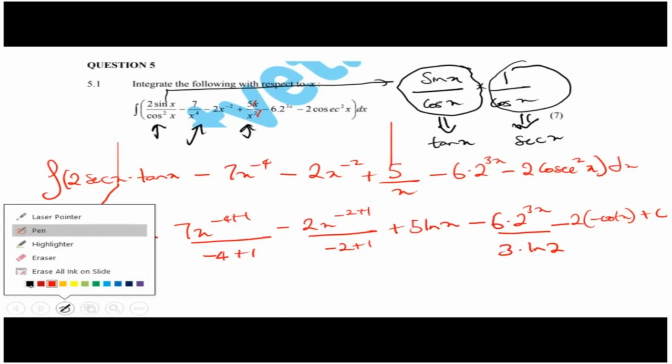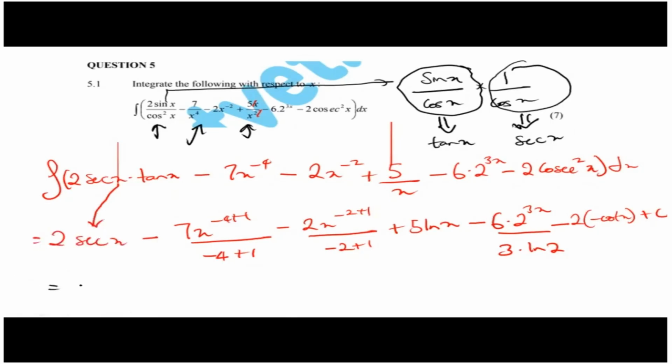So this is equal to 2 sec x minus 4x raised to the power, no, it should be plus now, because this is minus 3 over 3. Is that fine? Then this will also be plus. It should be x raised to the power minus 1, because that will be minus 1 here. Then this is 5 ln x.